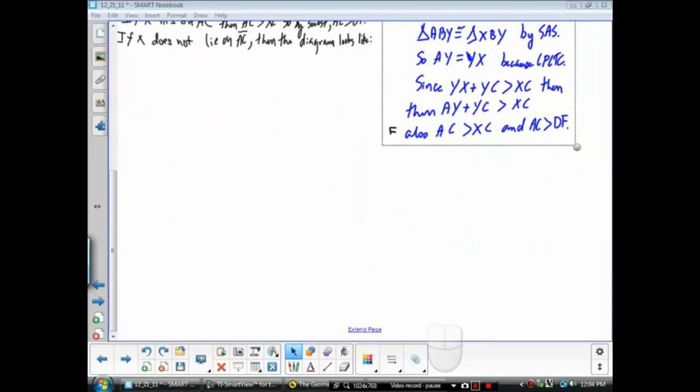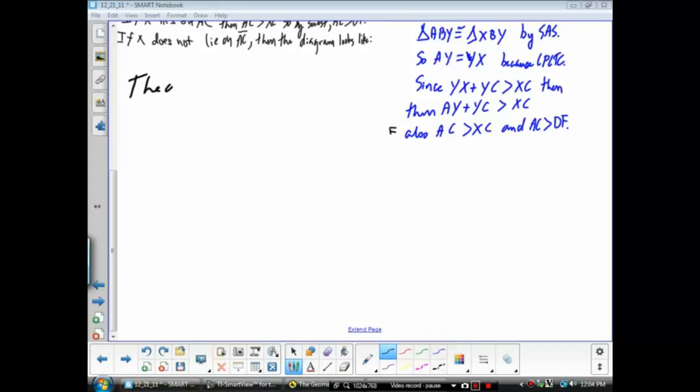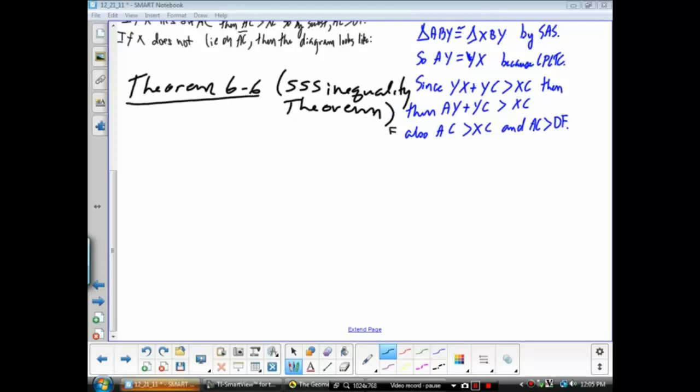Theorem 6.6 is the side-side-side inequality theorem. And because we have theorem 6.5 to lead to a contradiction, we're going to do an indirect proof for theorem 6.6, and it goes rather quickly.